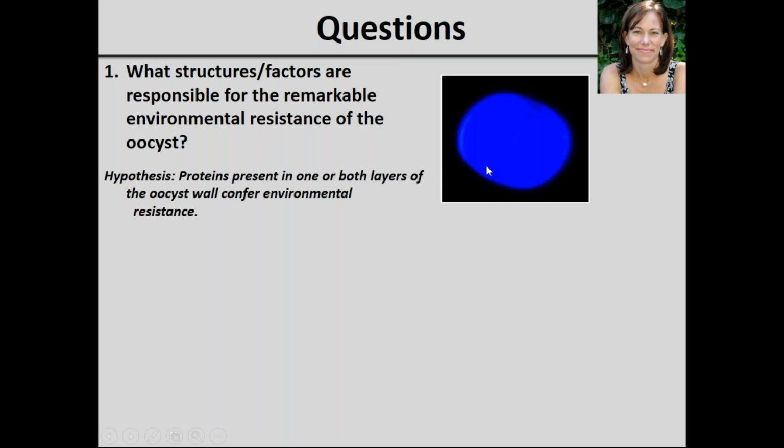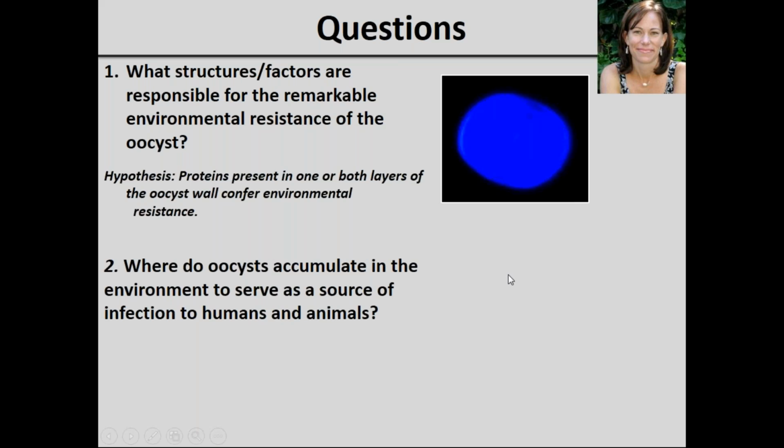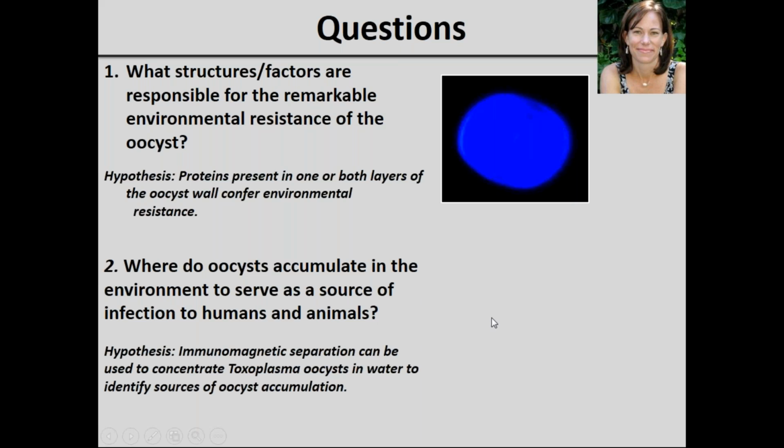This is an image of Toxoplasma oocysts with a fluorescent microscope. And 2, where do oocysts accumulate in the environment to serve as a source of infection to humans and animals? My hypothesis was that we could use immunomagnetic separation to concentrate Toxoplasma oocysts in water to better test water and identify sources of oocyst accumulation.